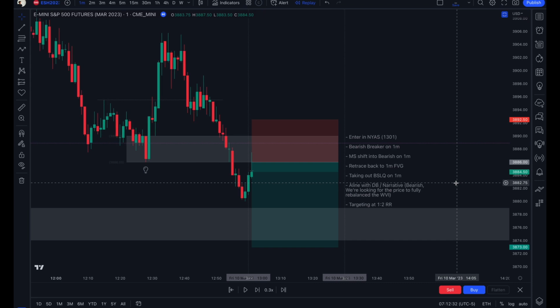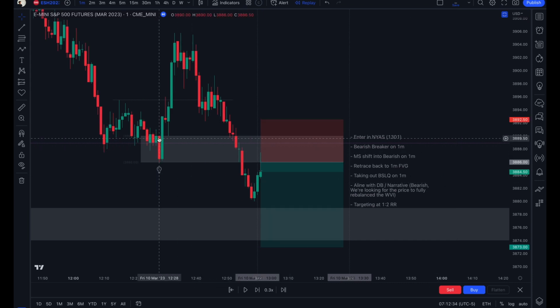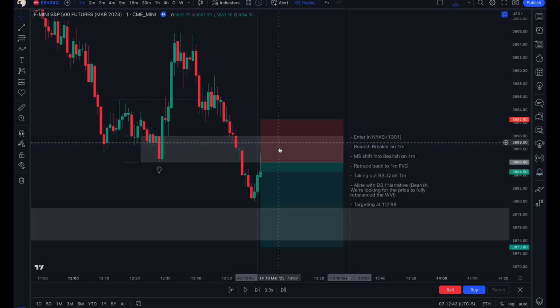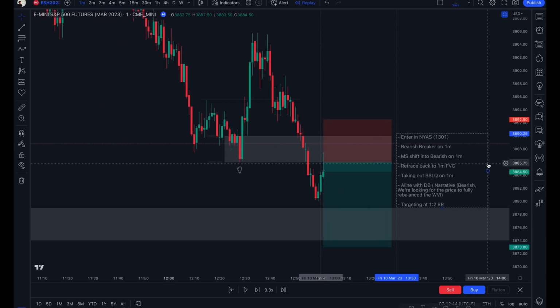So the last bearish candle before it starts going down and takes out the buy side liquidity will be this range. So if the market breaks, I want to see it retrace back to this range, and we were looking for sell.